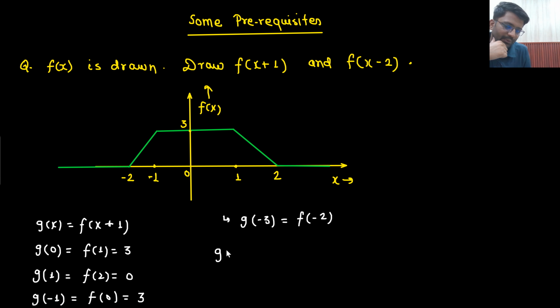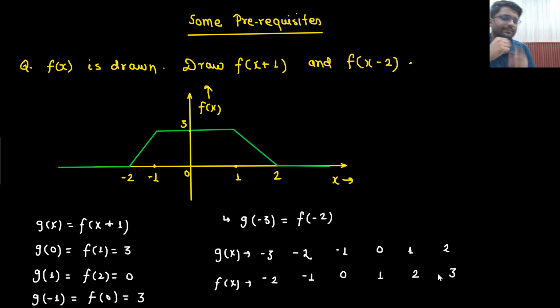So for g(x), -3 is equivalent to -2 of f(x), -2 is equivalent to -1 of f(x), -1 is equivalent to 0 of f(x), 0 is equivalent to 1, 1 is equivalent to 2, and g(2) will be equal to f(3).